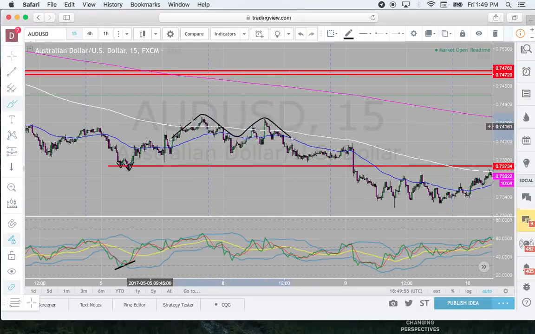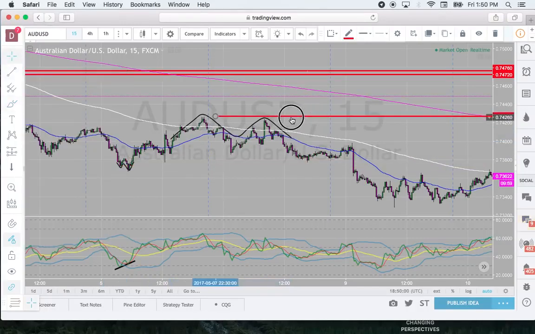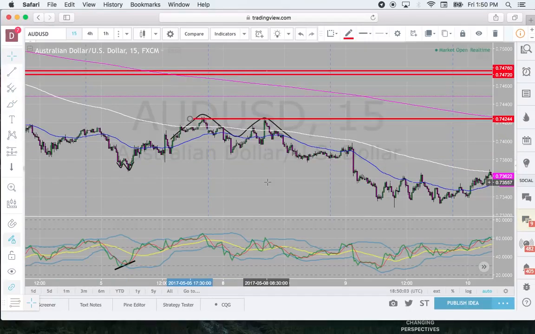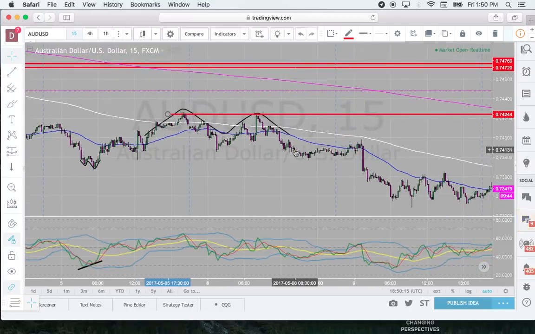Here's a big fat M. We can see it off of the high. This is what we're trading. Second leg M or W. You could have caught it right there. Another characteristic of the M and W is the second leg 75% of the time will be more fierce, more powerful, or have more momentum.